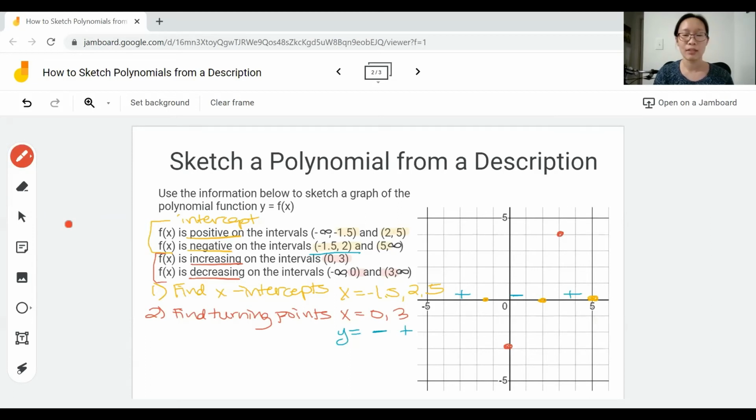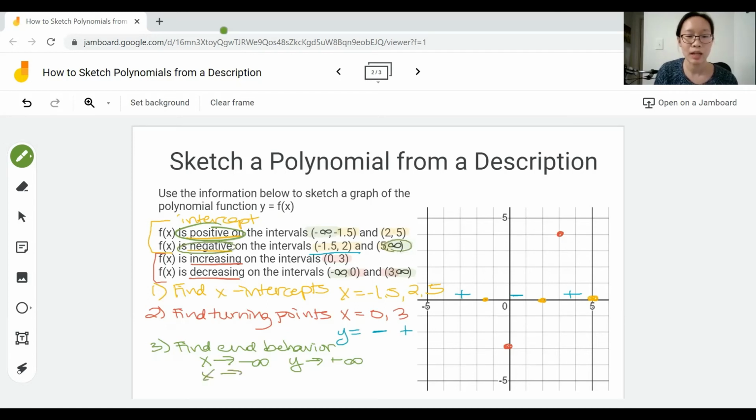My third step is to find the end behavior. To do this, I'm going to look for my infinities. I see an infinity here, here, here, and here. When my x is at negative infinity, my graph is positive, so my y is going towards positive infinity. When my x is at positive infinity, my graph is negative.